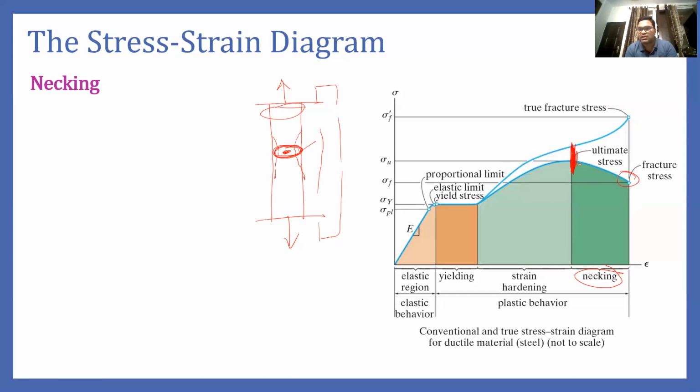The curve goes downward in this manner. The load at which it fails is termed the fracture stress, and it is represented here as sigma f.